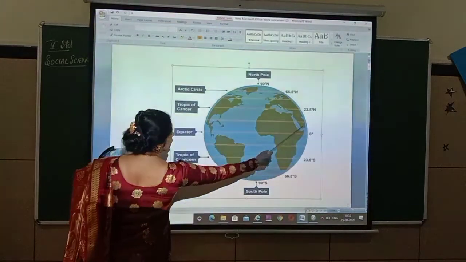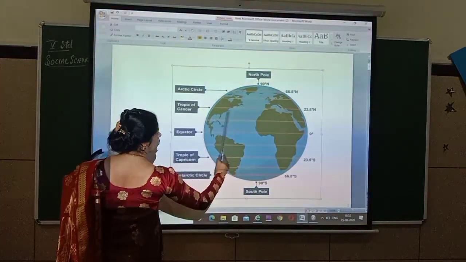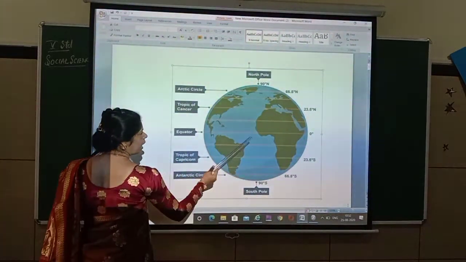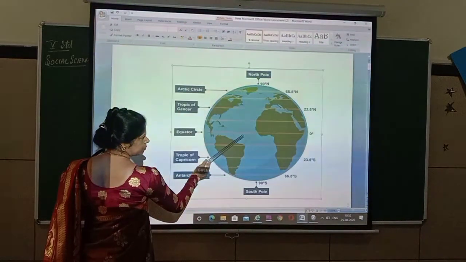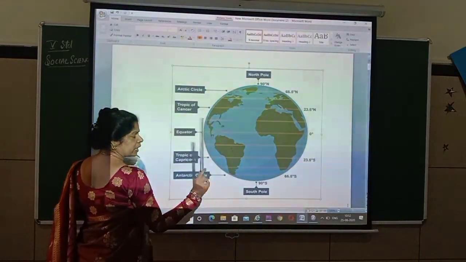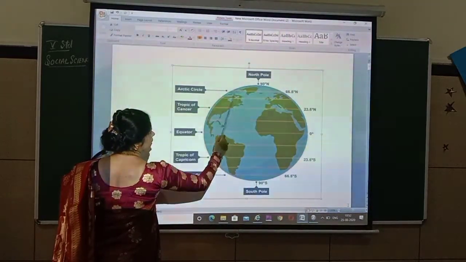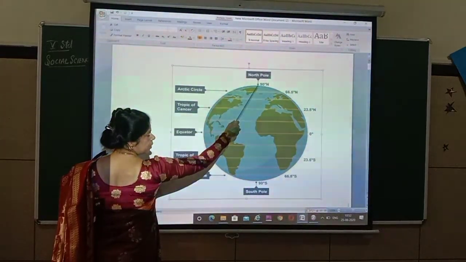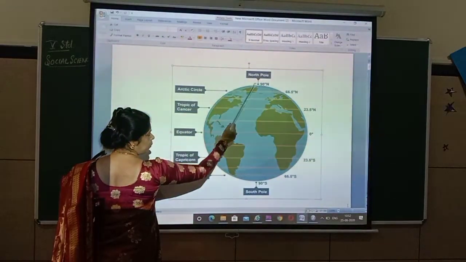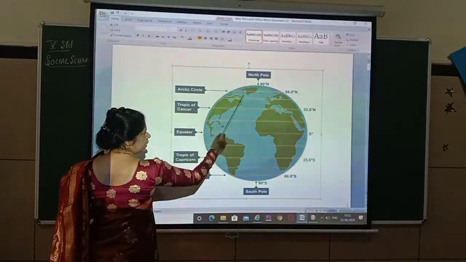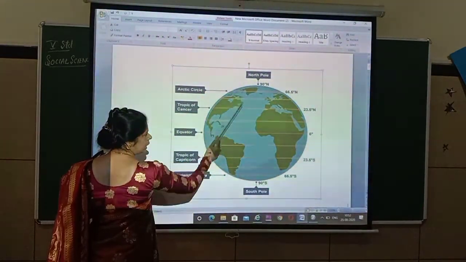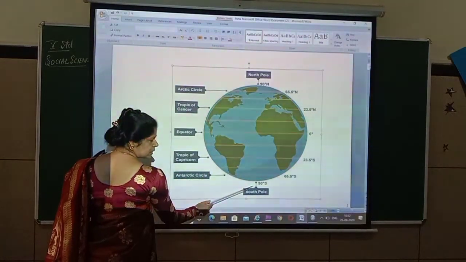And this is called from east to west. They will be moving from east to west in circles, and they will be parallel to each other. They will not coincide at any point. They are parallel to each other. So you can see the line which is passing like this till the pole. These circles will be there till the pole. From the equator upwards it is the north side, from the equator downwards it is the southern side.